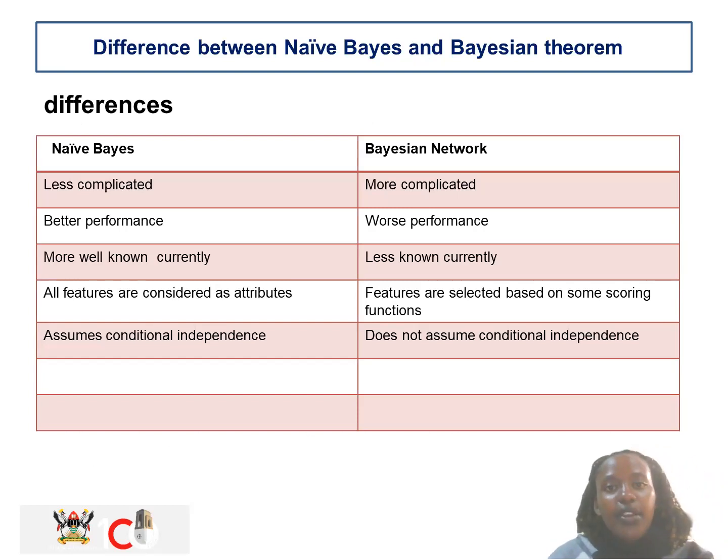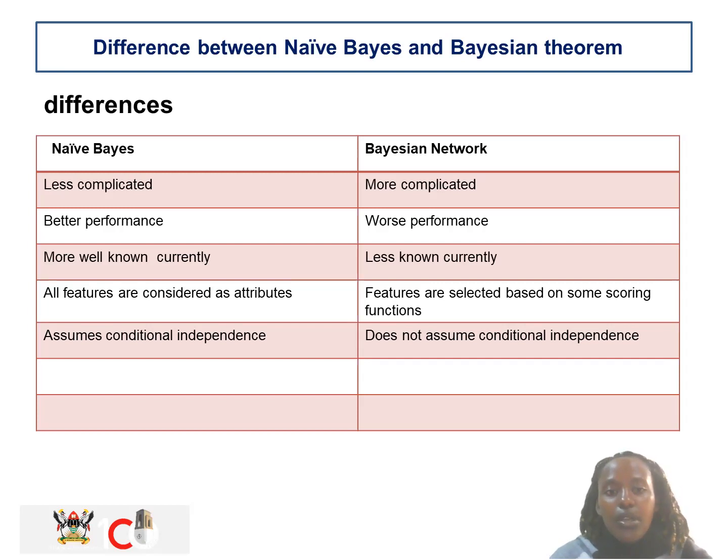Here I'm doing the difference between Naive Bayes and the Bayes theorem, as we already talked about. It's actually very easy to generate. I would not want to go into this as long as you understood the background. It's less complicated because it's easy to use. It has a better performance.